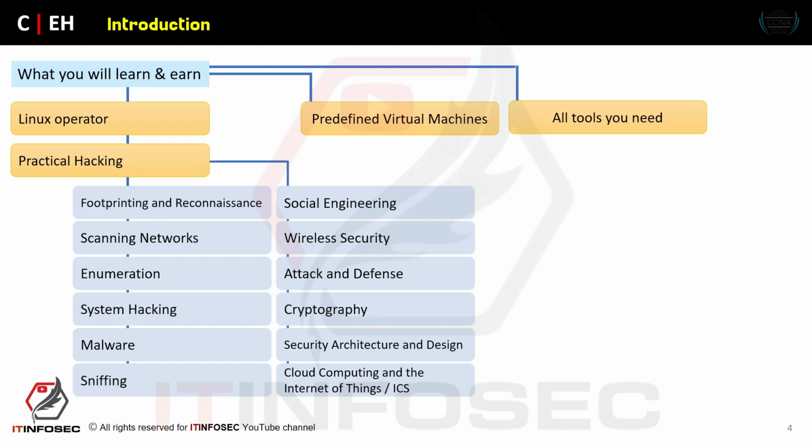For example, any items about that web server, any items about that person's email address, website, statistics, and so on. The second step is scanning the network. What does scanning mean? For example, your target system is a Microsoft server, for example Microsoft Server 2019.